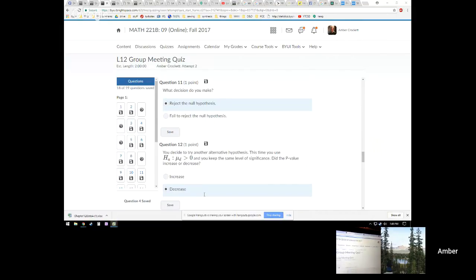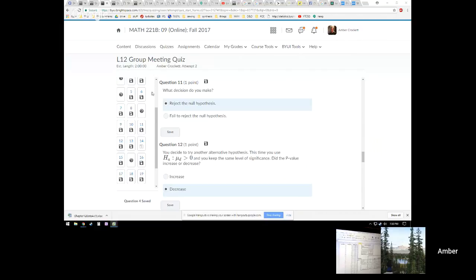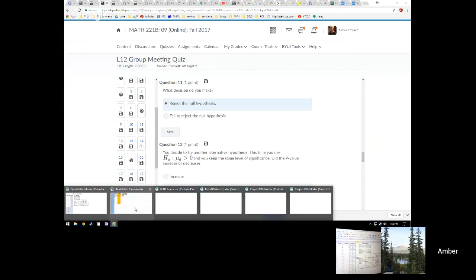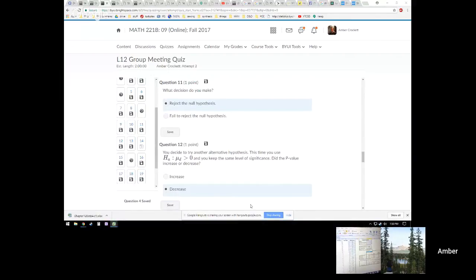This time you use an alternative hypothesis of greater than 0 and keep the same level of significance. Did the p-value increase or decrease? This one, we have not equal to in the Excel sheet.